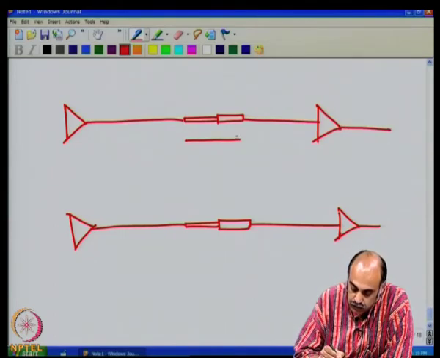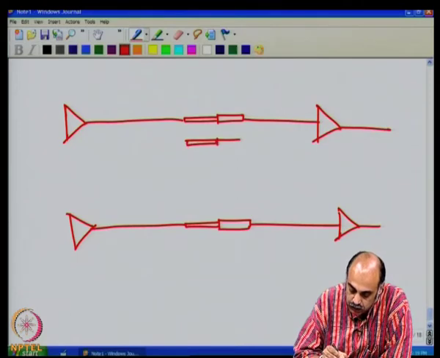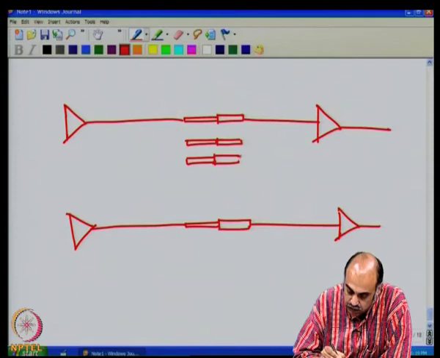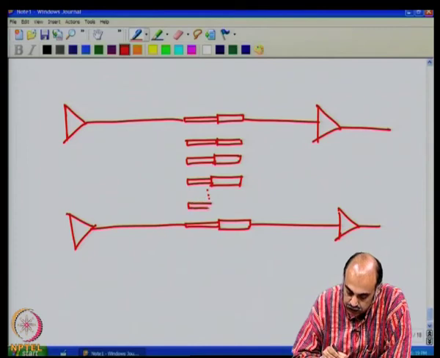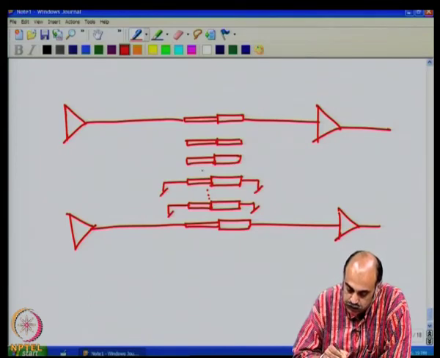You have ground connectors in between, as many ground connectors as possible, more the better, but let us say you have many ground connectors like this, ground on this side, ground on this side. So, on both sides you have grounds like this.